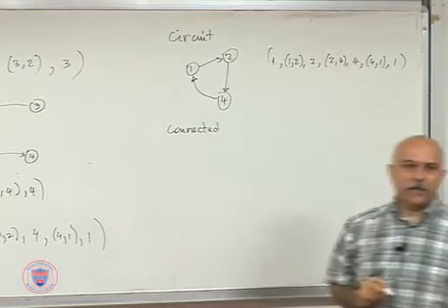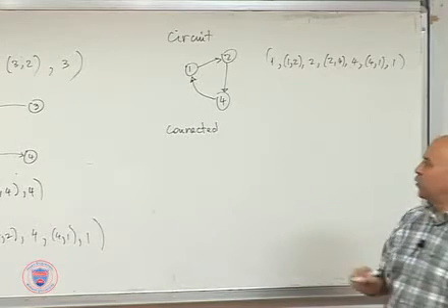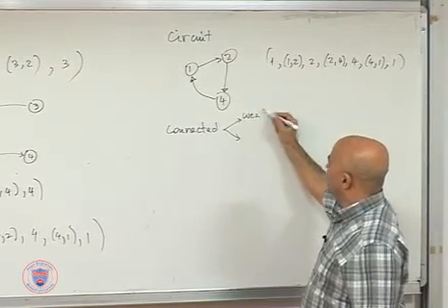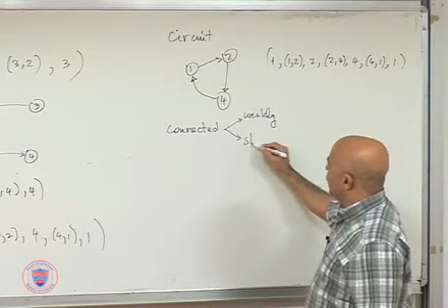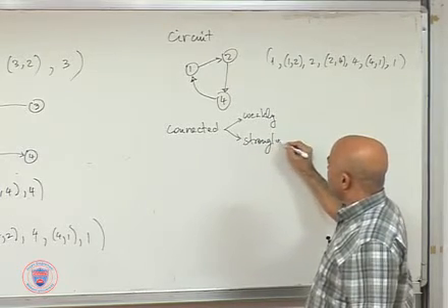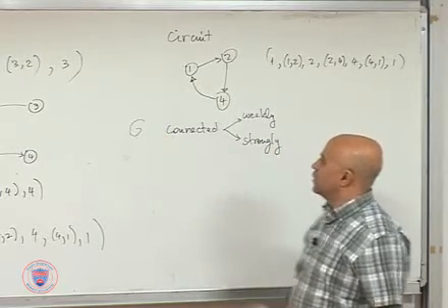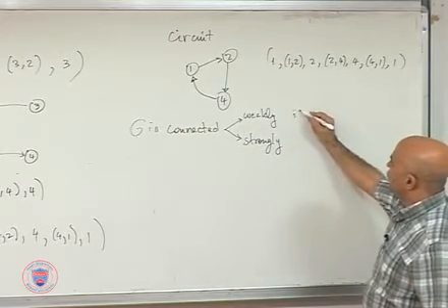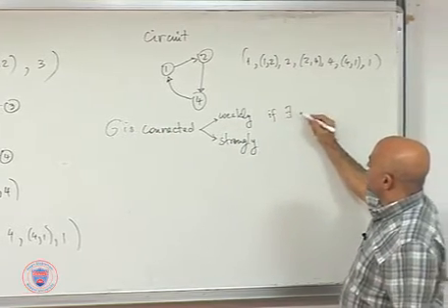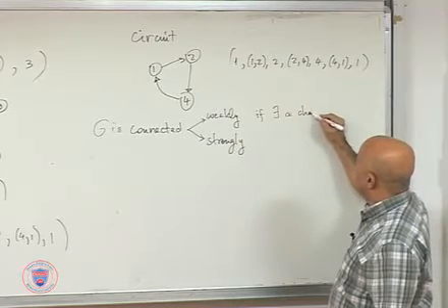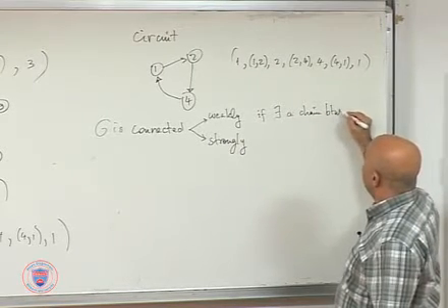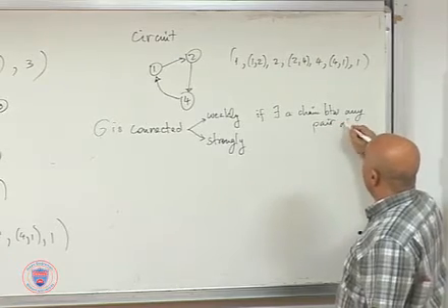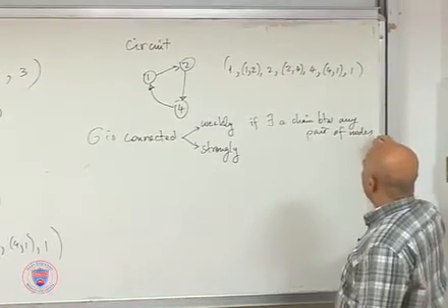We say a graph is connected or weakly connected. So let's separate weakly and strongly connected. So we say a graph G is weakly connected if there is a chain between any pair of nodes of the graph.